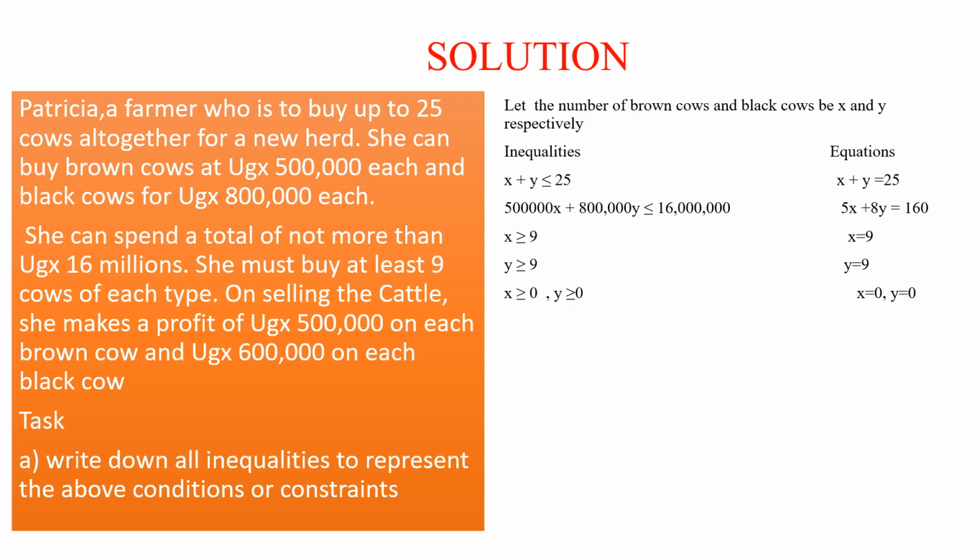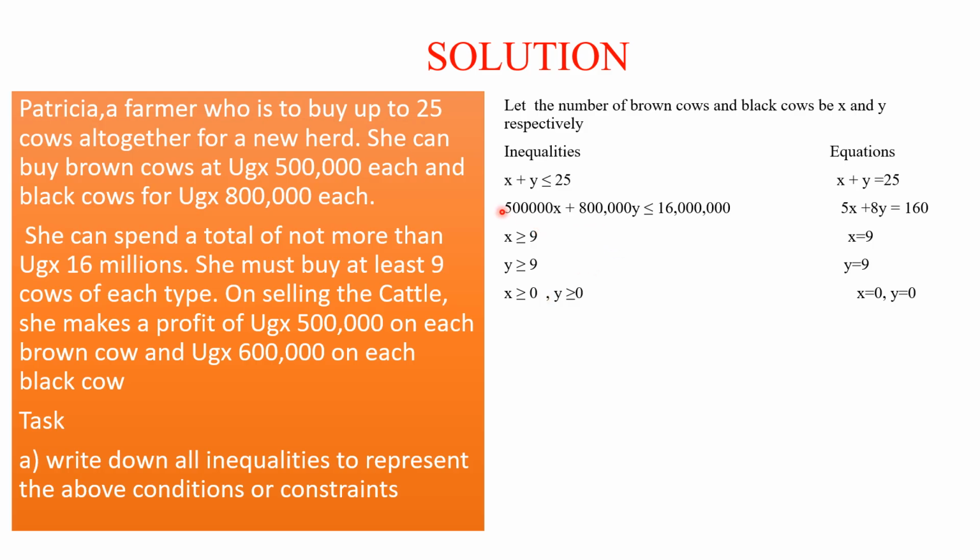Then also, one brown cow is sold at 500,000 shillings and a black cow is sold at 800,000 shillings. So together, the amount of money spent, I'll get 500,000 X plus 800,000 Y is less than or equal to 16 million.